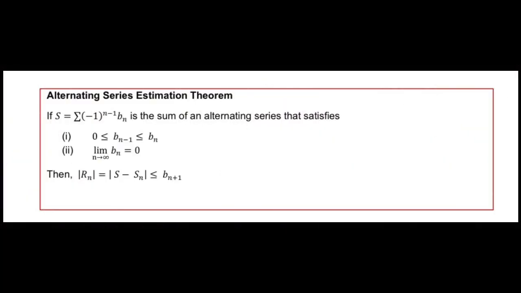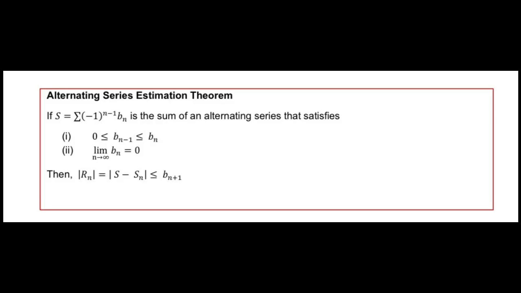Let's move on to the alternating series estimation theorem. This theorem helps us to estimate how close a partial sum is to the actual value of the series. Let's say S is the sum of the entire alternating series, and S sub n is the sum of the first n terms.